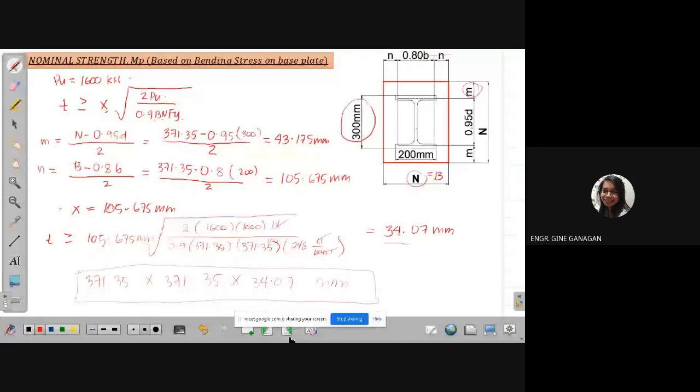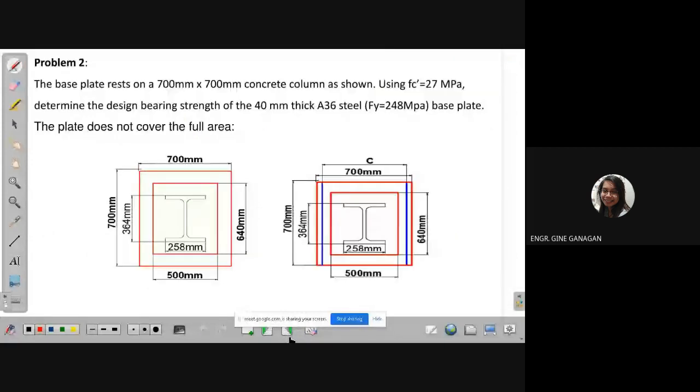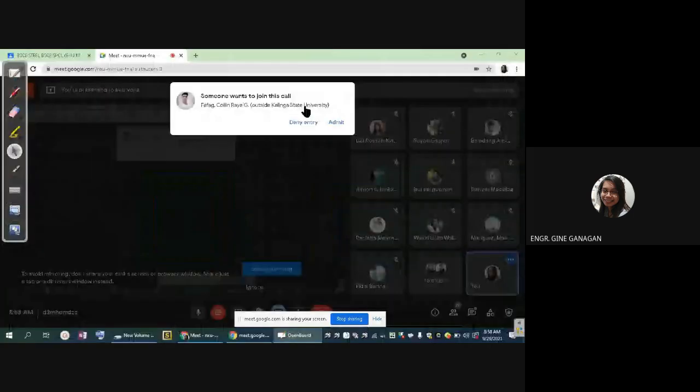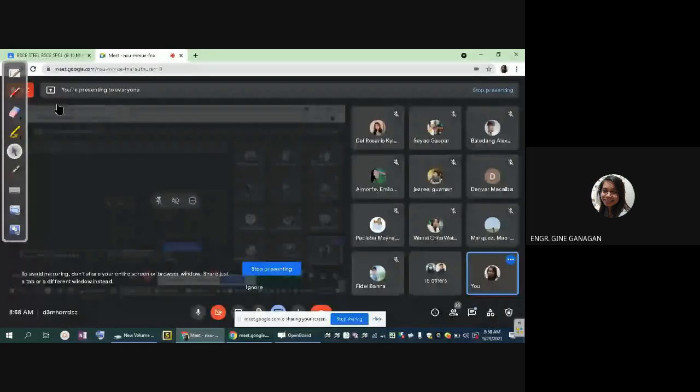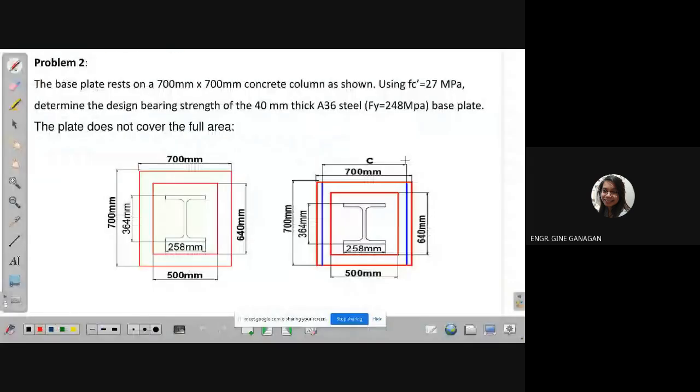Okay. So for problem number 2, so kindly read Miss Sample. Mga tinatawag kung hindi sumasagot, in absent po kayo.